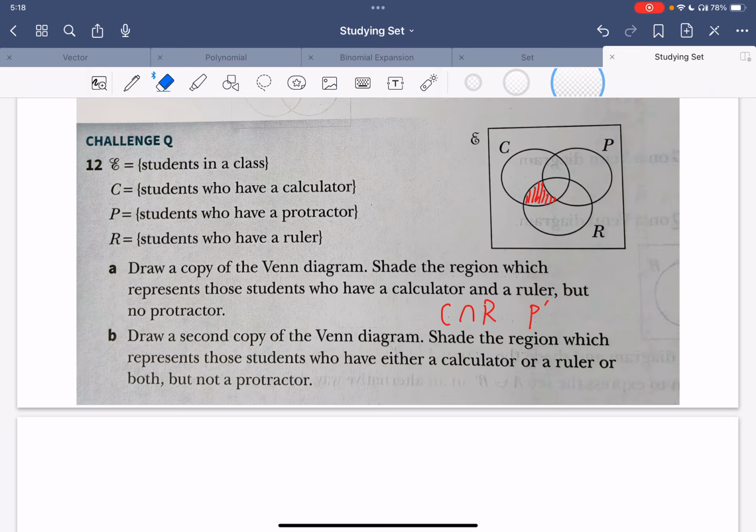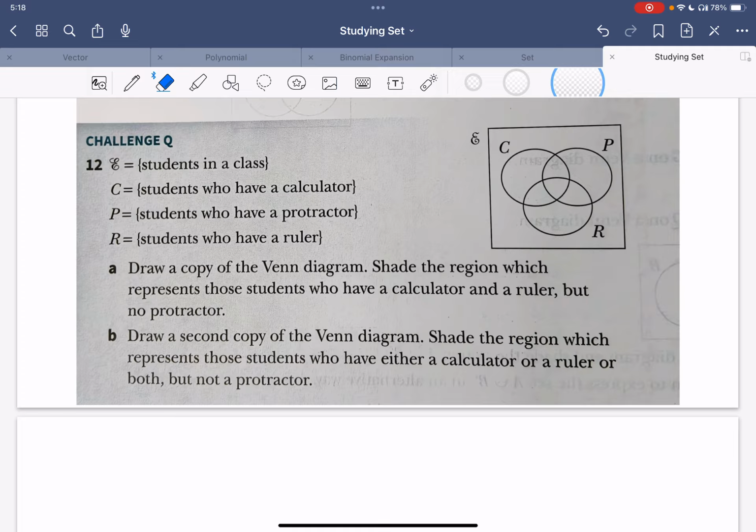Okay, question B. Shade the region which represents those students who have either a calculator or a ruler or both, but not a protractor.